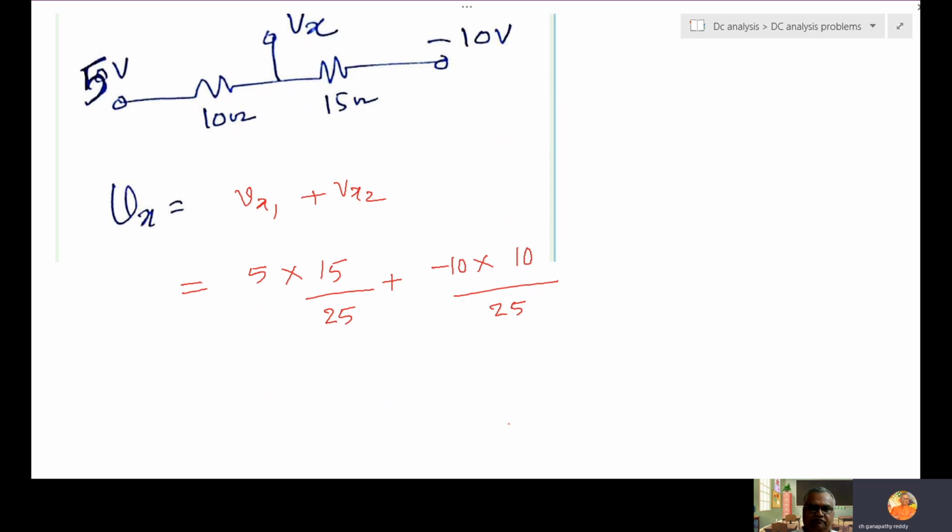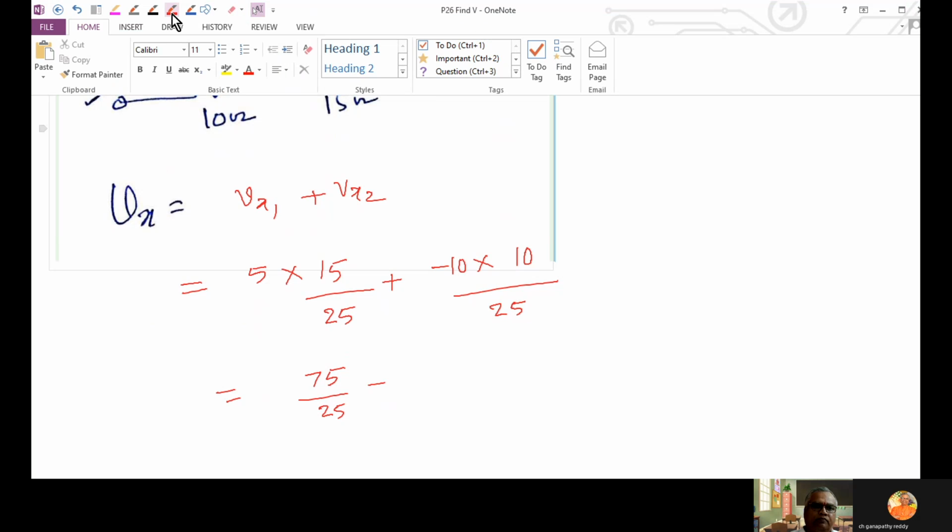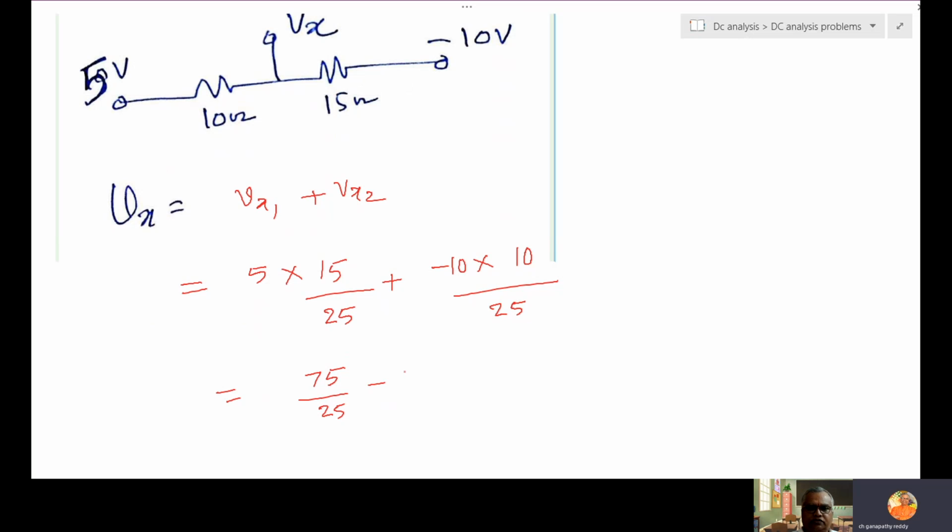So this we have to simplify. 75 by 25, and this is minus 100 by 25. So 3 minus 4, minus 1.